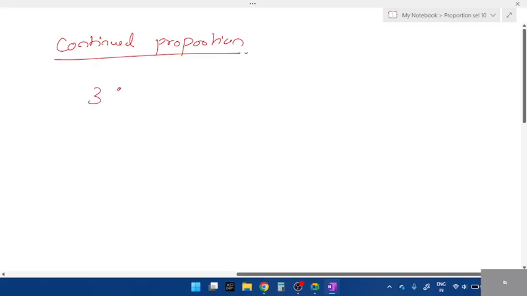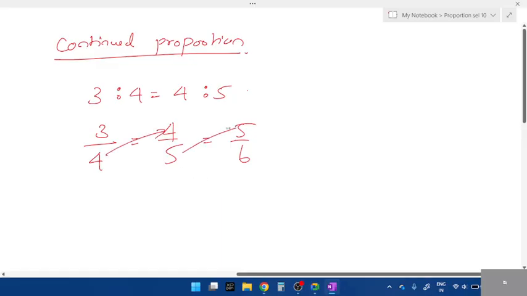If I write 3 is to 4 is equal to 4 is to 5, and if you write it in terms of ratio, students, 3 divided by 4 is equal to 4 divided by 5. And if I write another ratio, 5 divided by 6. Can you see 4 is continuous here and 5 is also continued? Right? This is known as continuous proportion, where the numerator of one is equal to the denominator of the other.